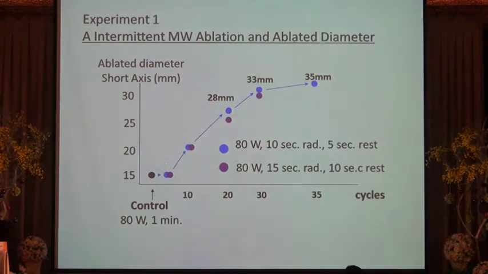This is the result of our experiment. So we can understand that repeating a short period of irradiation and a short rest may create an ablation zone dependent on the cycles.